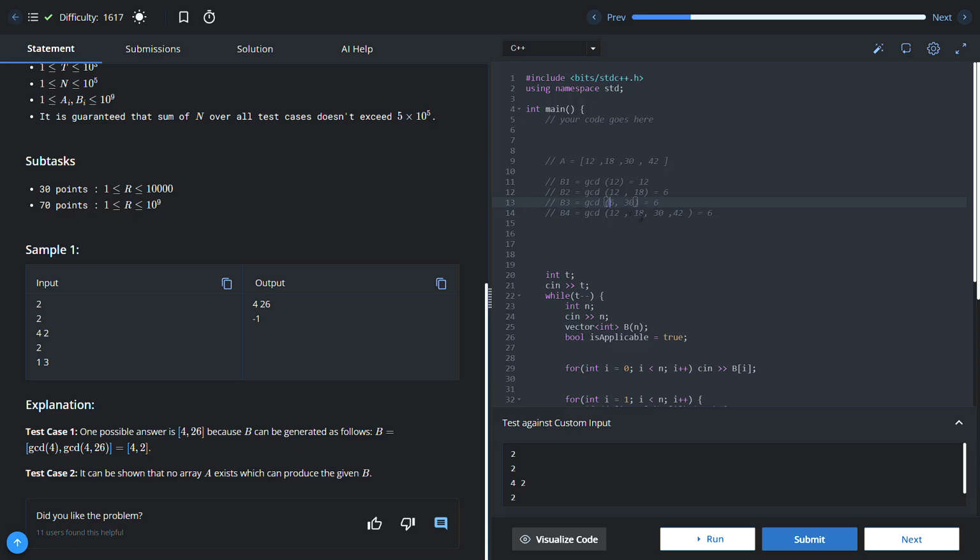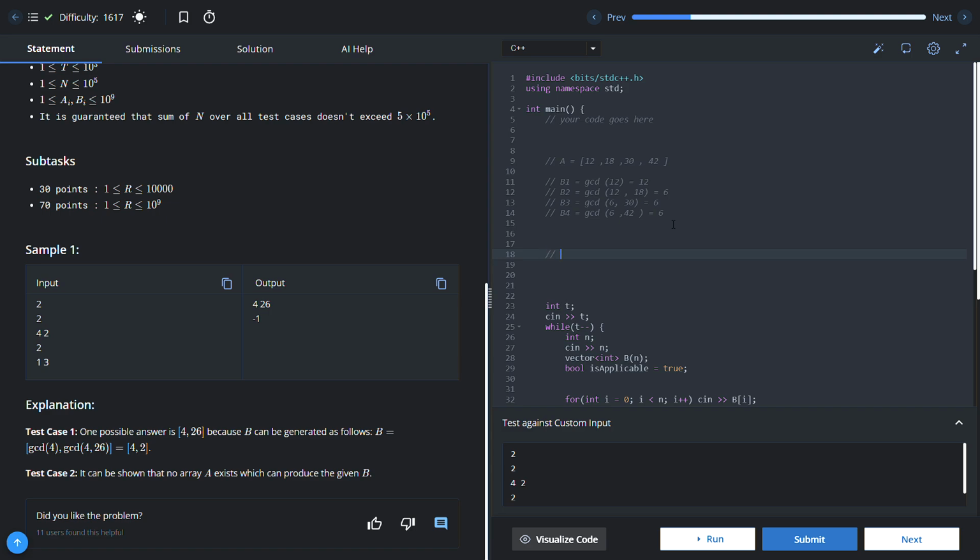So now we can also replace this with the 6, and this 6 comma 30 will again be replaced with 6. So this will be the B array, right? So it's always equal or in decreasing manner.